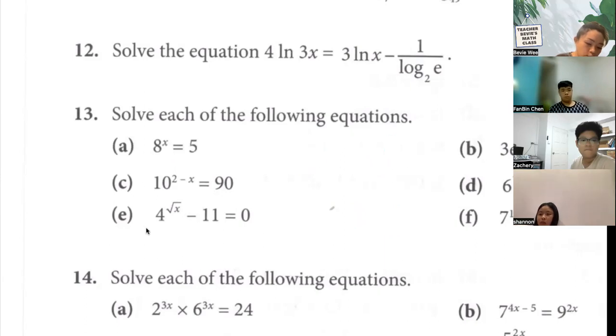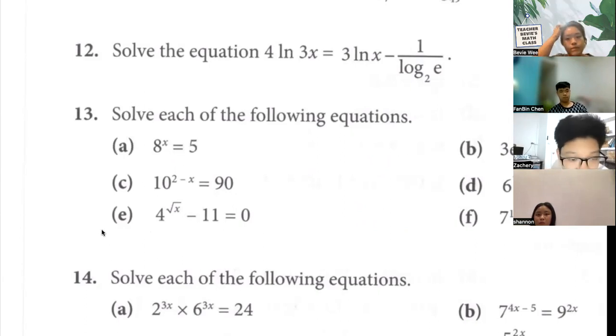So how do I continue from here then? Who got a suggestion? Anyone? What can I do here?